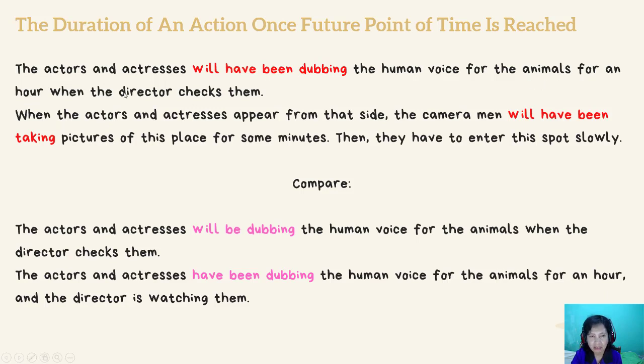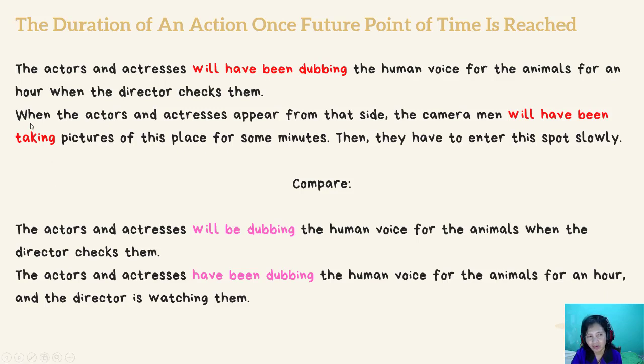When the director checks them, this is the future point of time. So, in the future, when the future point of time is reached, the activity will not finish, but still ongoing, and there is duration here for an hour.